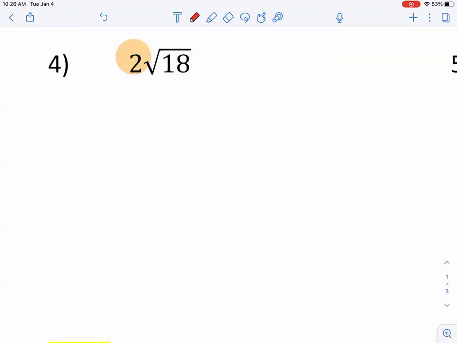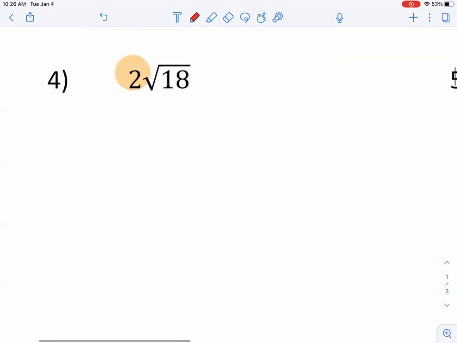So I'm just going to do a factor tree for the 18. So I know that could be 2 times 9. And 9 would be 3 times 3. So just like before, I did a factor tree for the 18.